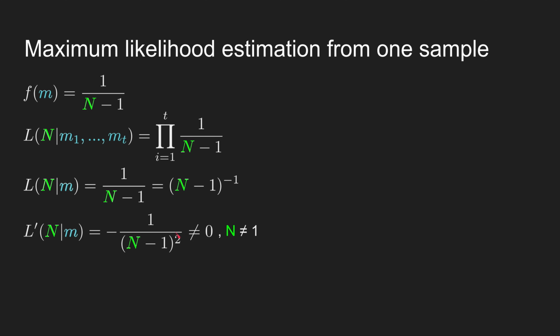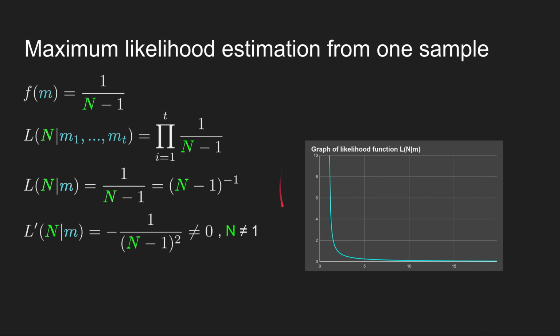Now, as the derivative never takes on the value of 0, that means that we do not have any minimum or maximum in this function, because we know that the maximum likelihood function is decreasing. That means that the maximum value of our function will be when it starts. Our start point is m, because n cannot be smaller than m because the tanks are numbered sequentially.